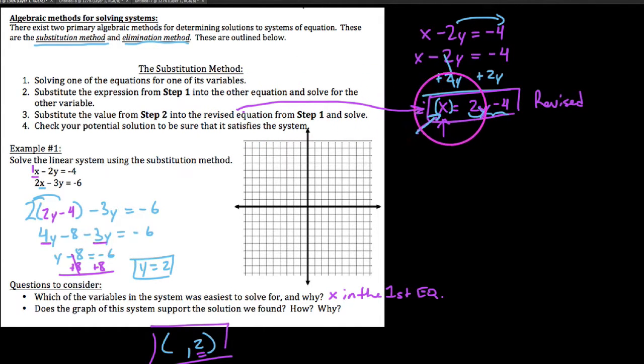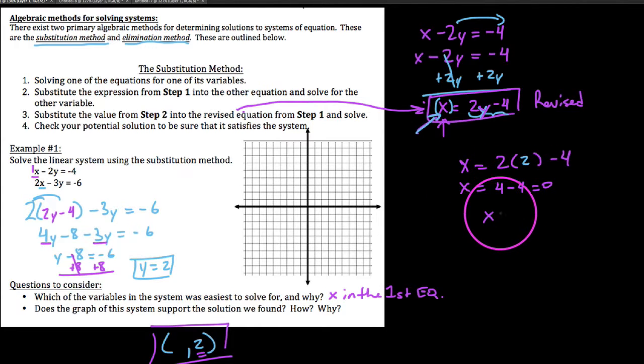It was no more than the first equation rearranged, and what we're looking for now is x, which is already by itself in this equation. So substituting this value of 2, we get x is equal to 2 times 2, which is 4, minus 4, so x is equal to 0.